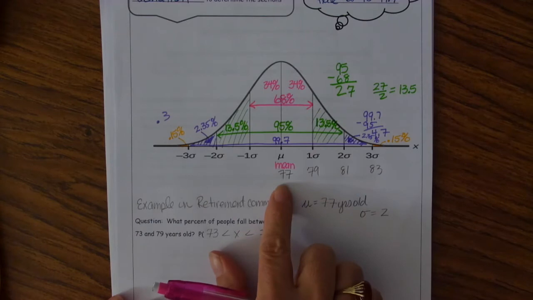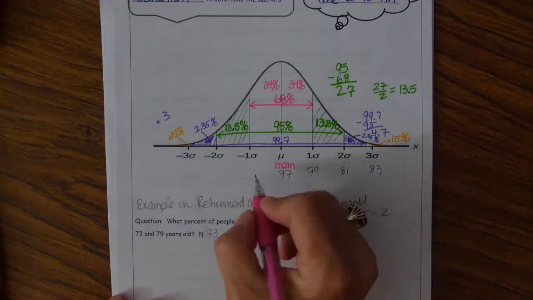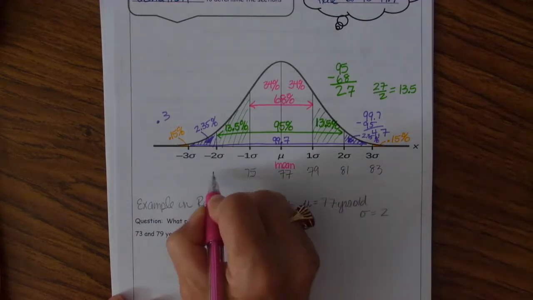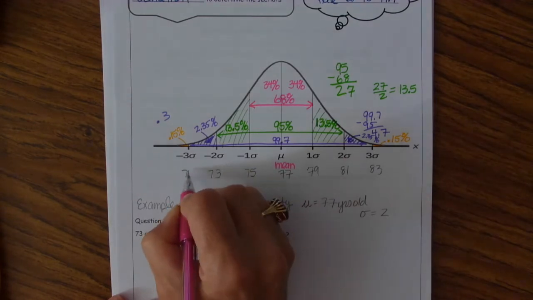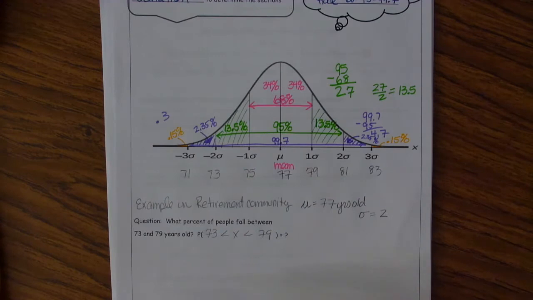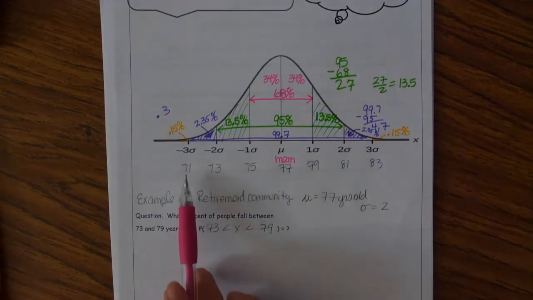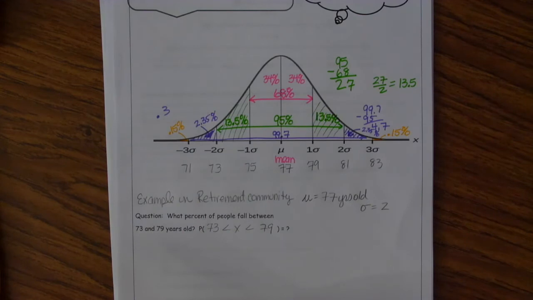And then right here, I'm going to say 77 minus 2, minus 2, minus 2. So if this is my data, then I know that 99.7% of the people here are between the ages of 71 and 83. So if someone were 95, that would be unusual, right?